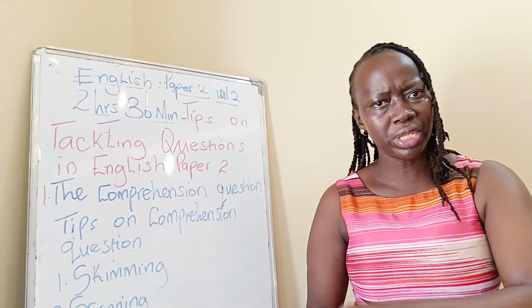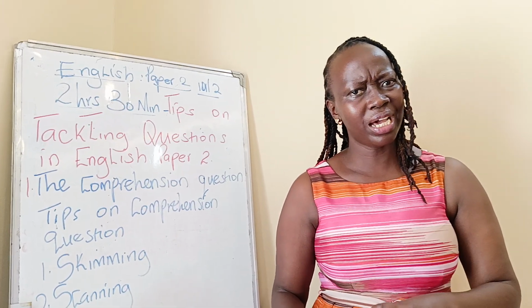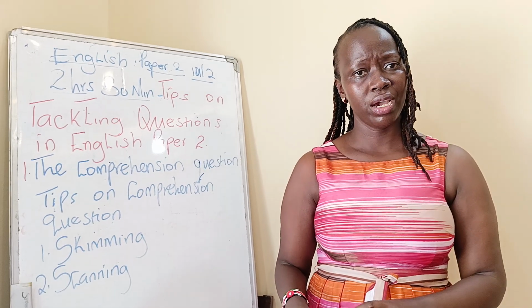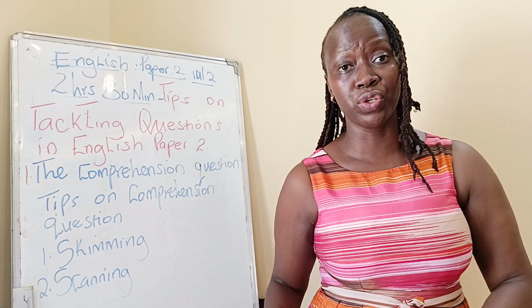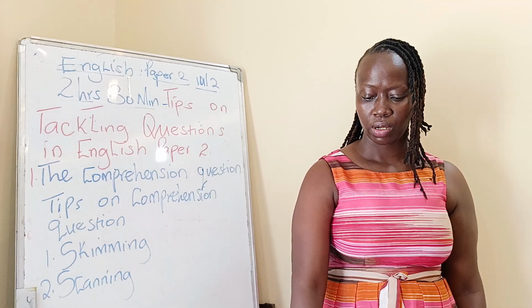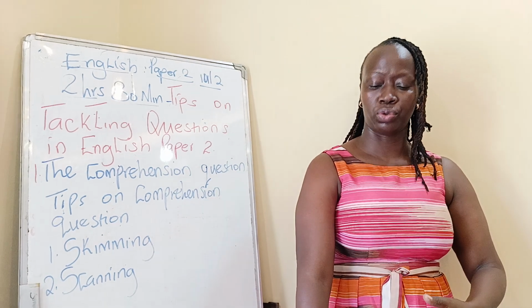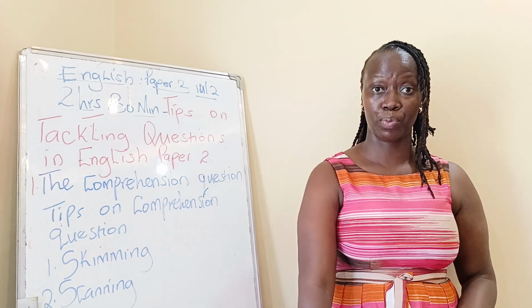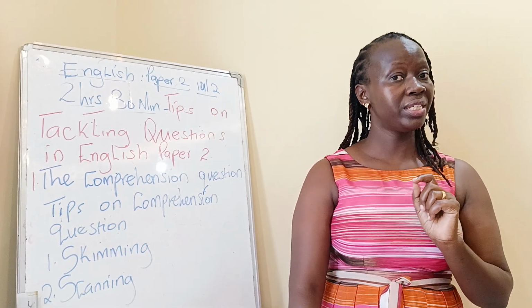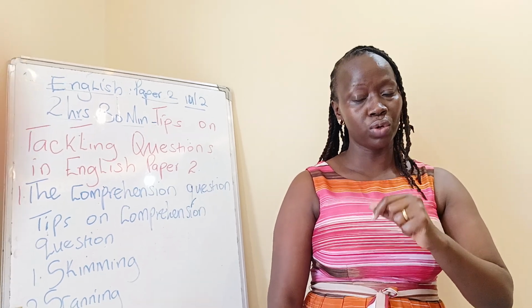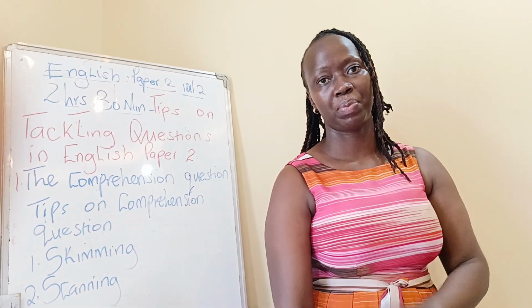So mention the meaning there: totally unbelievable, according to the way it has been used in context, not what you have always known. For example, if you are asked the meaning of the word retreat, you know there are different meanings, but here we want to look at how it has been used in the passage.